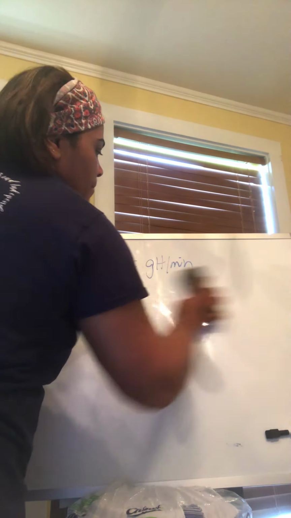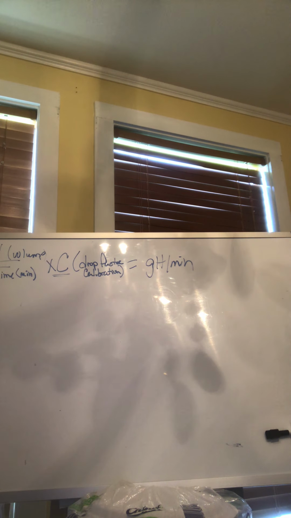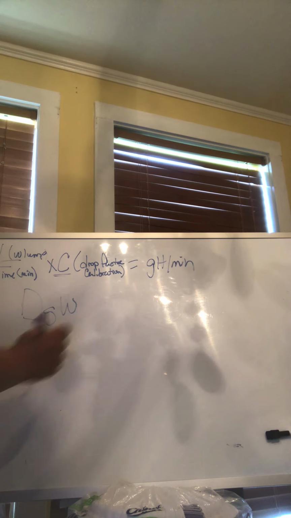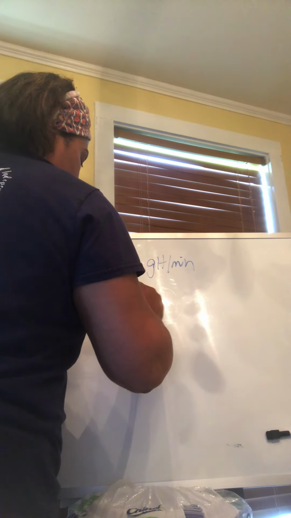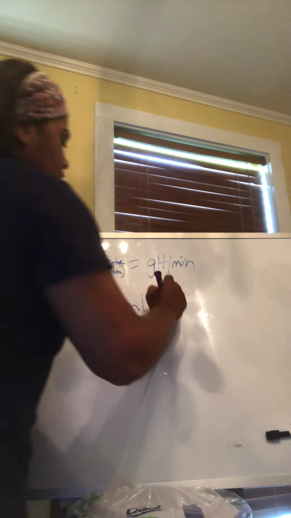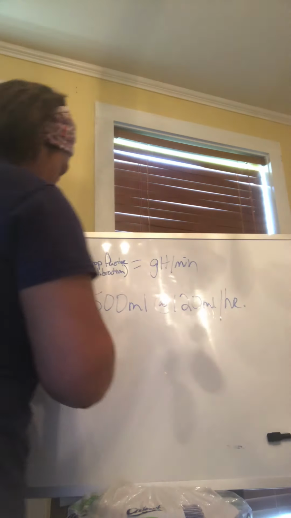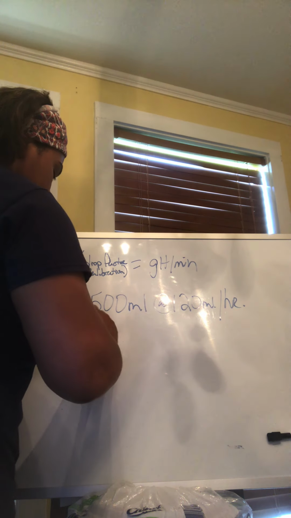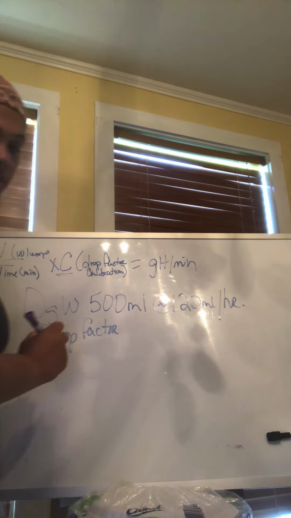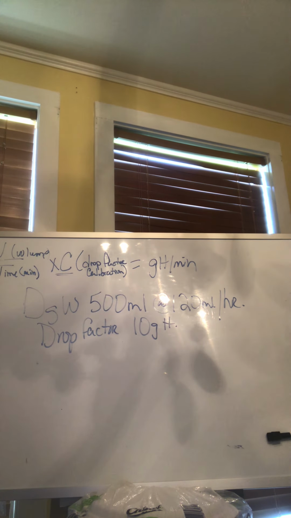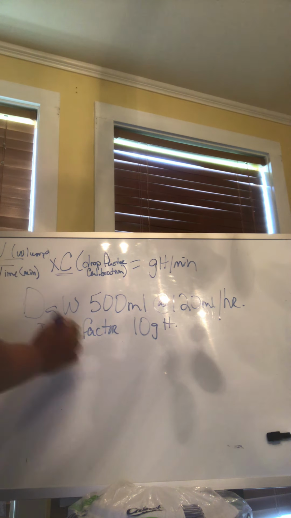I'll keep the formula up at the top. And let's do another problem. We have D5W, 500 milliliters, infusing at 120 milliliters an hour with a drop factor of 10. So using our formula, we're going to plug it in.